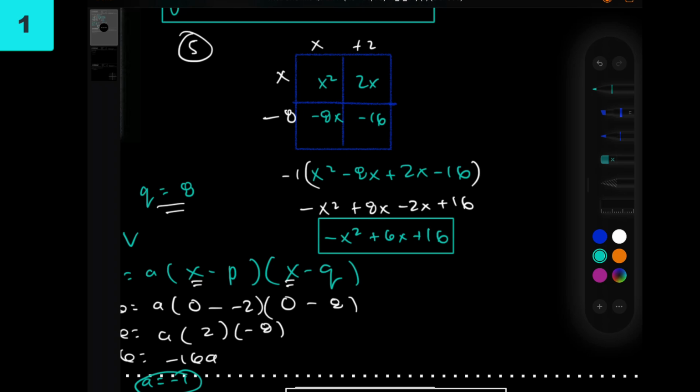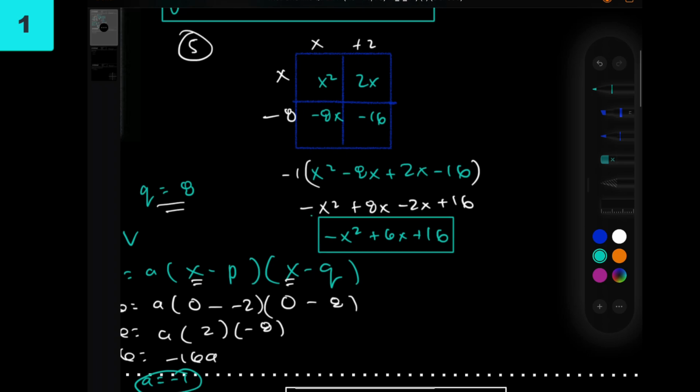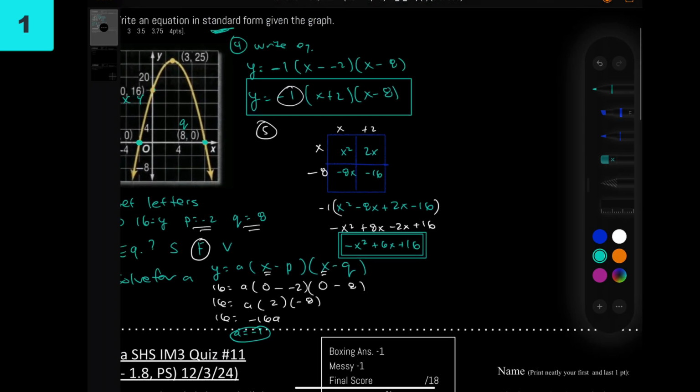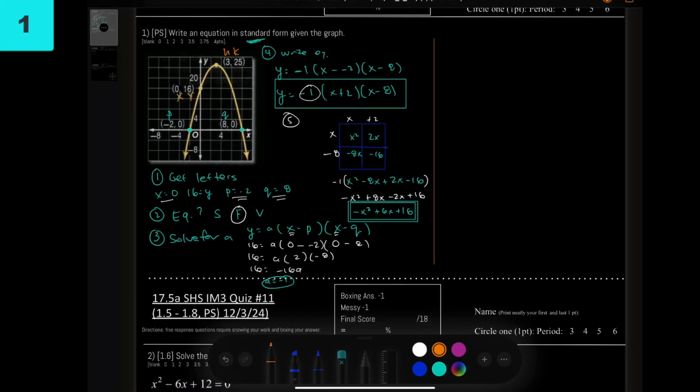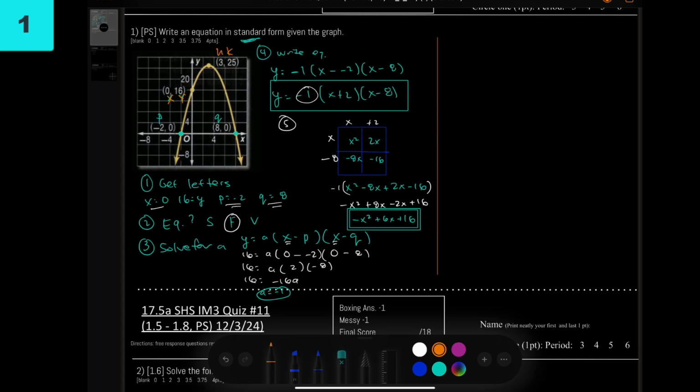Now the cool thing is, let's don't box it. You could have gotten the same thing if you decided to do HK. X's and Y's are the same. It would be pretty much the same thing. So now I'm going to do this showing you how to use it by vertex form.